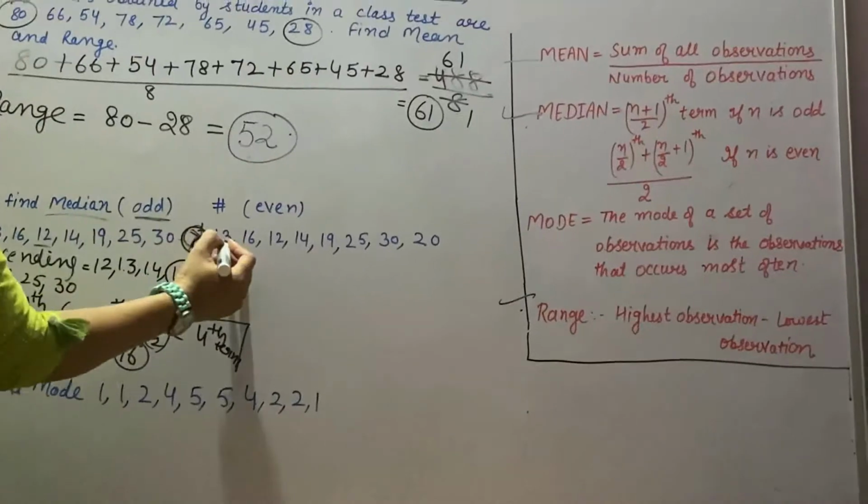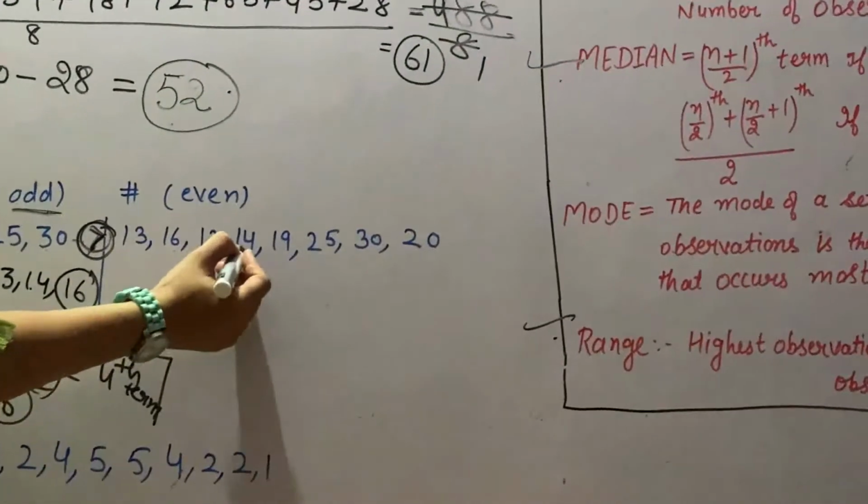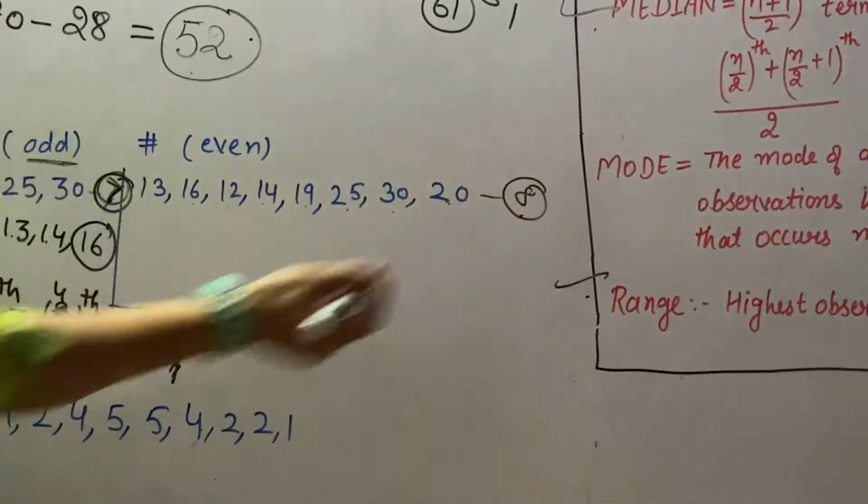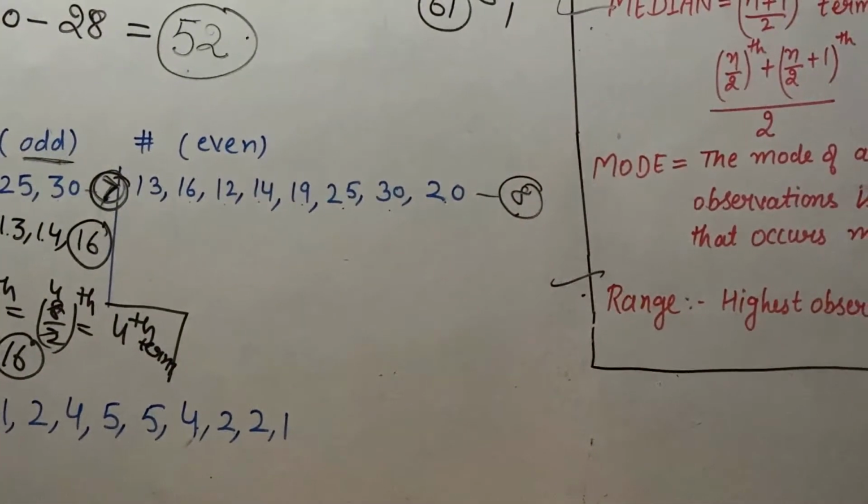Let's take another example. 1, 2, 3, 4, 5, 6, 7, 8. Here we have 8 terms and 8 is an even number.